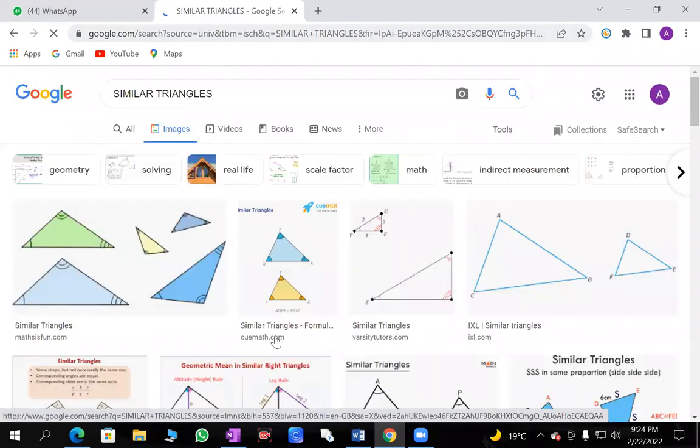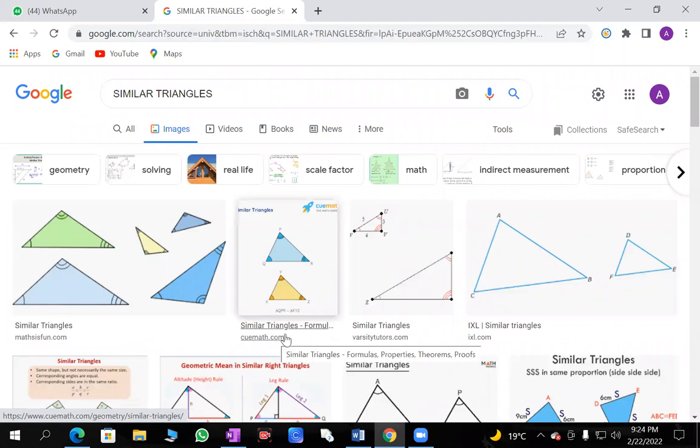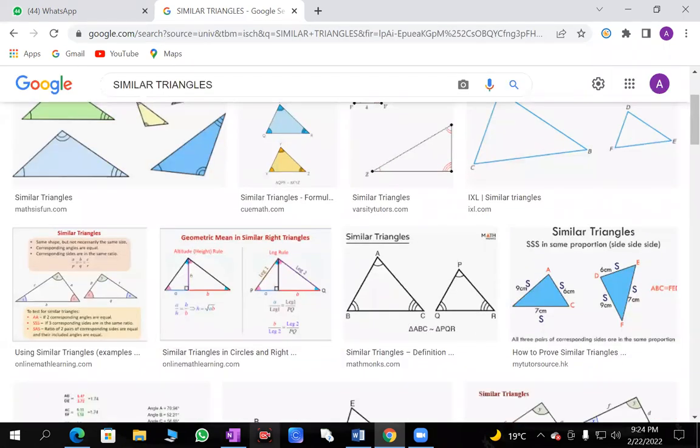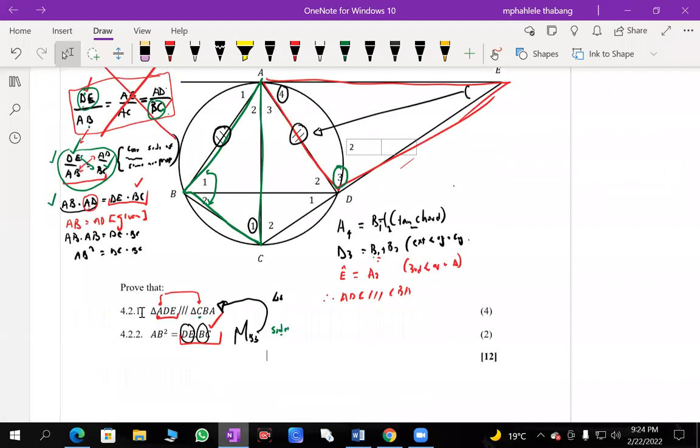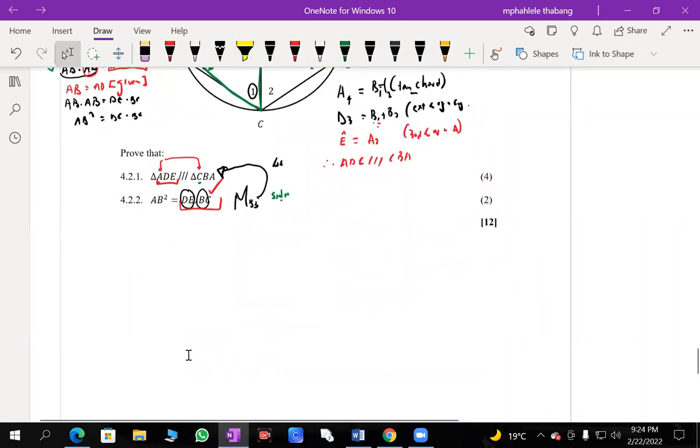In 4.2.1, corresponding angles are equal. In 4.2.2, we say corresponding sides are proportional. Wow, guys, I wish you get this one. Triangles are really similar. Corresponding angles are equal.